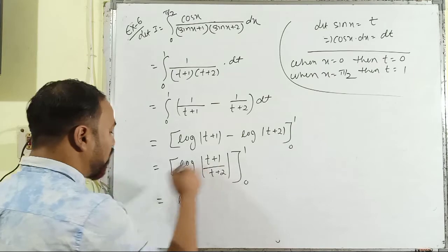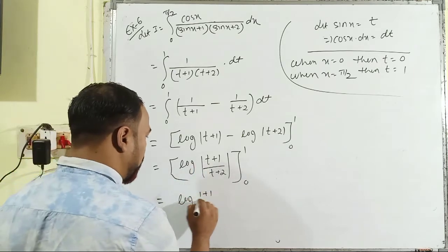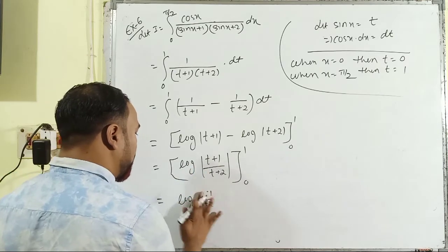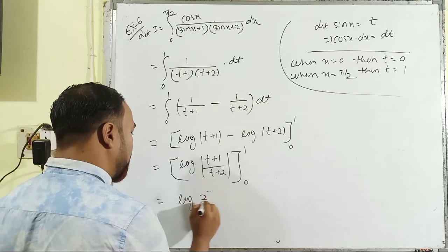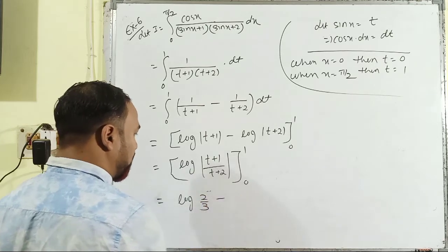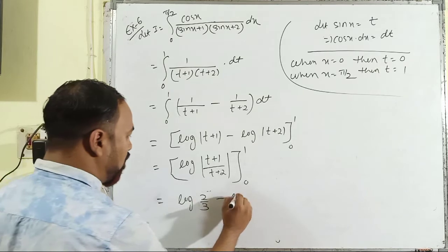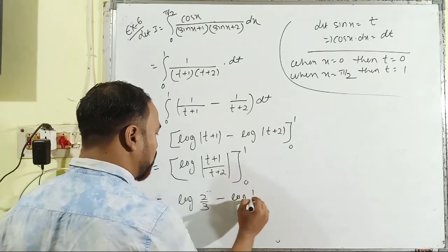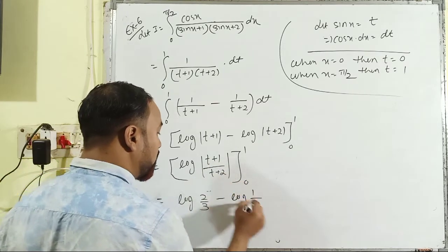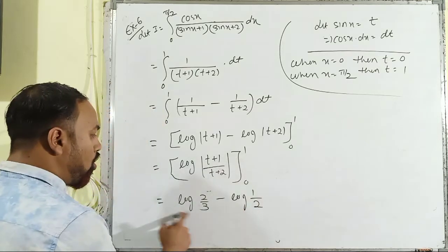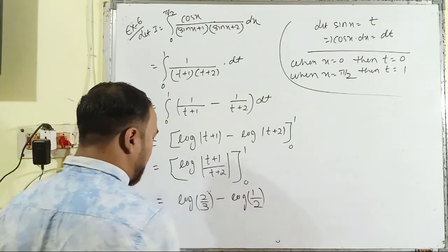Then just putting these values here. First of all we have to put the upper limit, that means 1 plus 1 divided by 1 plus 2, so it is 2 by 3. Then minus, then we have to put the lower limit here, log of 0 plus 1, that means 1 divided by 0 plus 2, it is 1 by 2. So log 2 by 3 minus log 1 by 2.